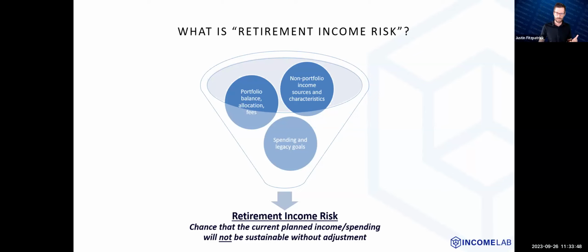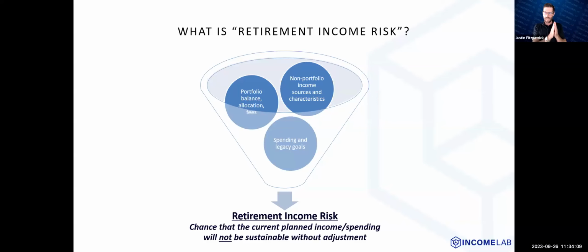That's what retirement income risk is, and it can vary by plan because plans have different lengths, because people have different longevity expectations, people have different resources that they bring to retirement. You might have a pension that's not adjusted for inflation, that can add inflation risk. You might have pensions that adjust if one person dies, that can add mortality risk.